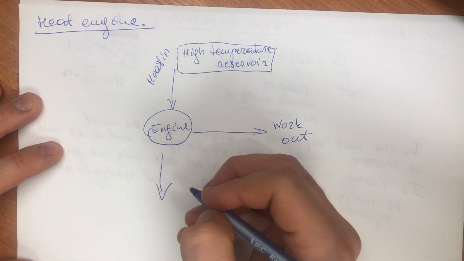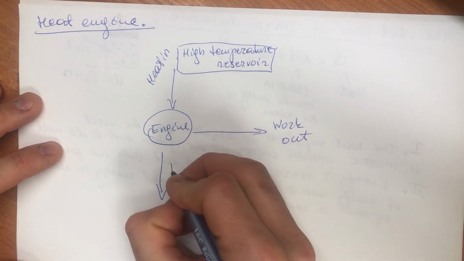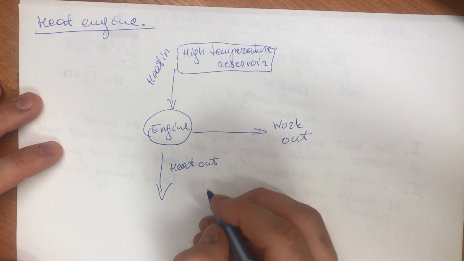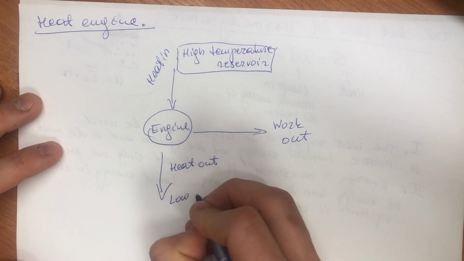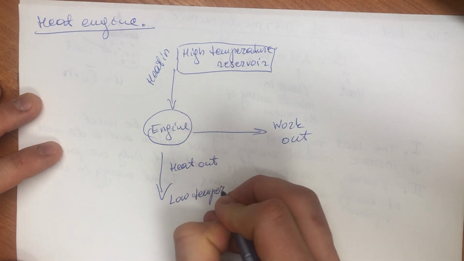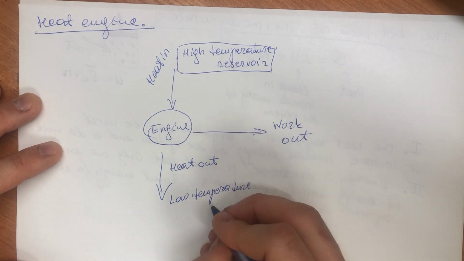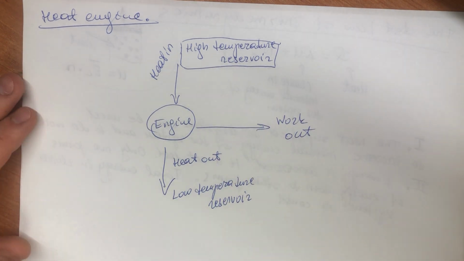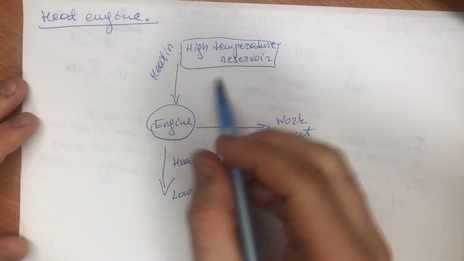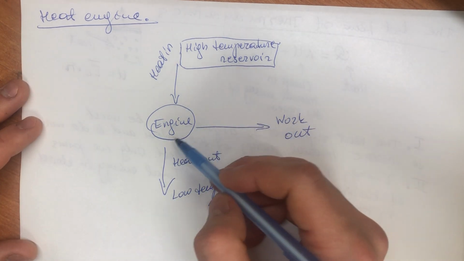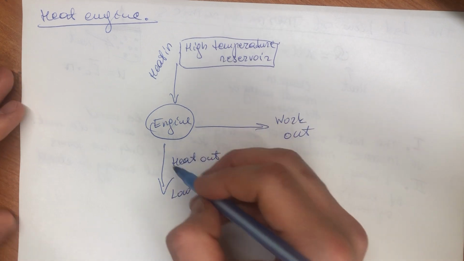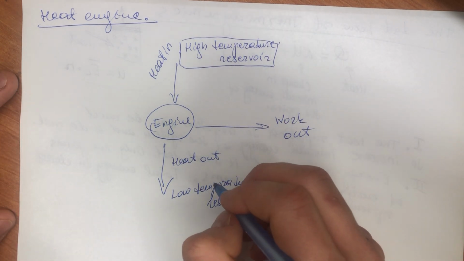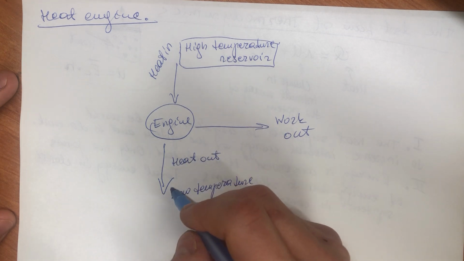And what's going out here? The remaining heat that did not produce work goes to the low temperature reservoir. So some heat comes in, performs work, and the residual heat that did not do work goes out.